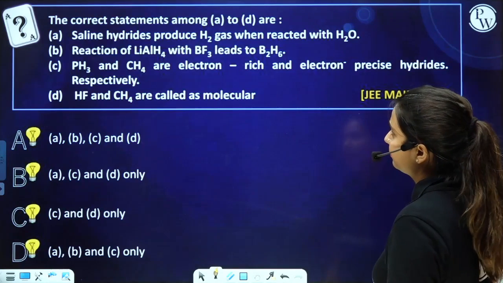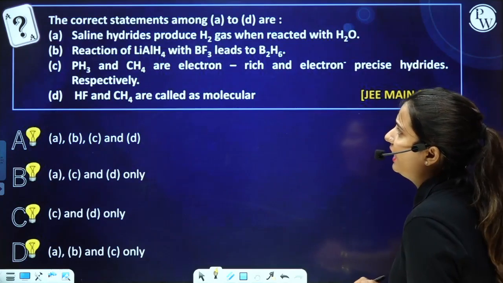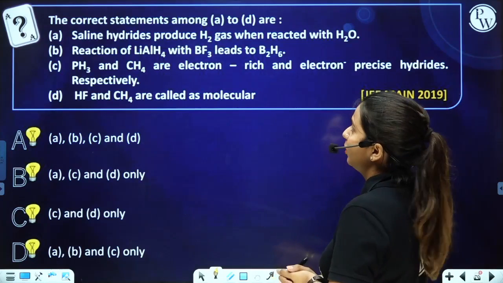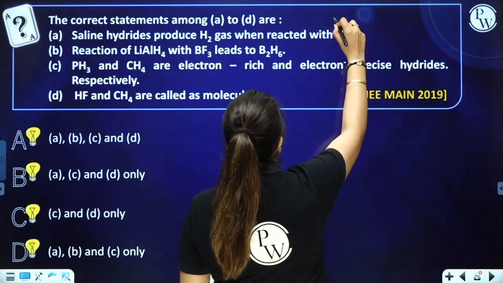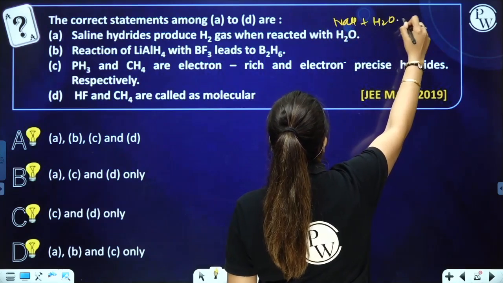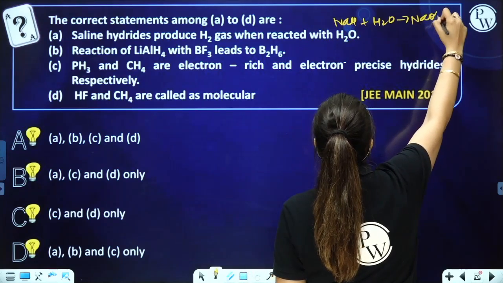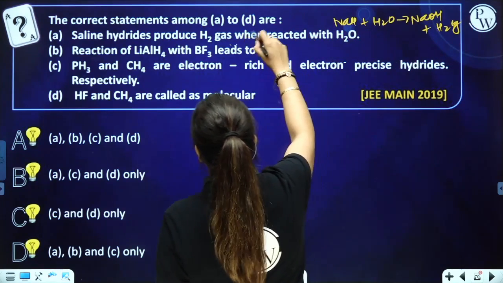Next, the correct statements among A to D are: saline hydrides, which are the ionic hydrides, produce H2 gas when they react with H2O. Very true. Let's say I take NaH and react it with water. I'm going to get a base first and then hydrogen gas. So this statement is correct.